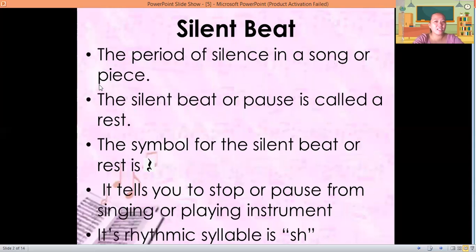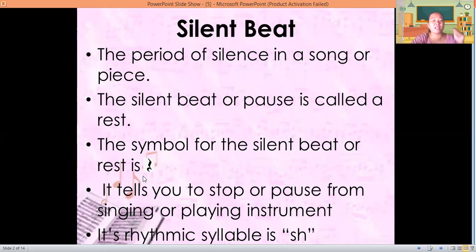Again, a silent beat is a period of silence in a song or a piece. Okay po? The silent beat or a pause is called rest. And the symbol for silent beat is this one. Okay? It tells you to stop or to pause from singing or playing instrument.